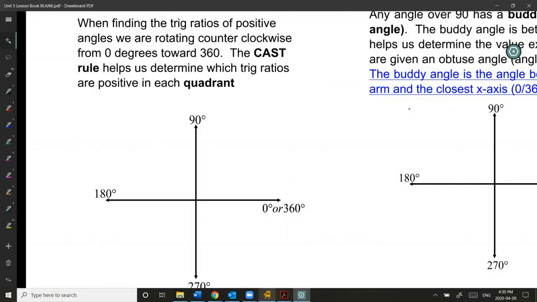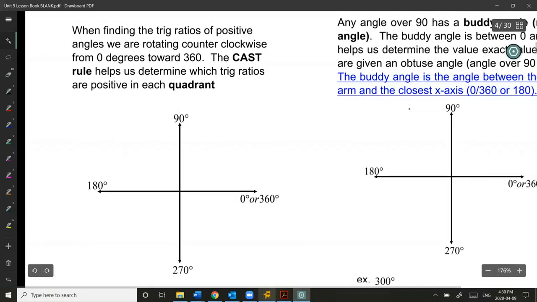Okay, a couple other things that we need to know before we actually start doing some examples here are when we're finding ratios of positive angles, so these are angles that are measured from the initial 0 degree line counterclockwise, we need the cast rule to help us determine which trig ratios are positive in each quadrant.